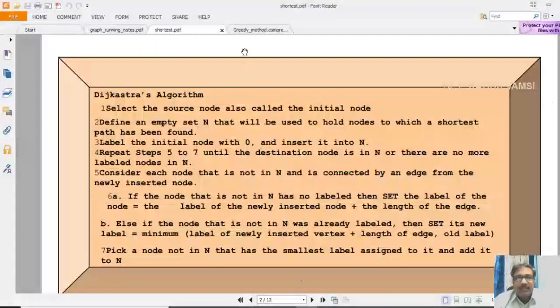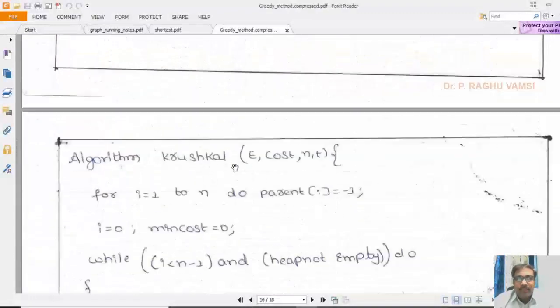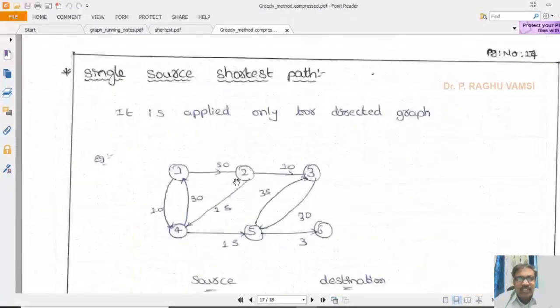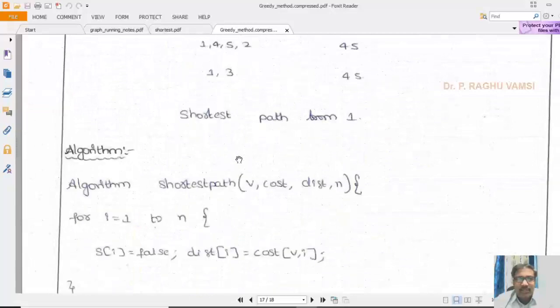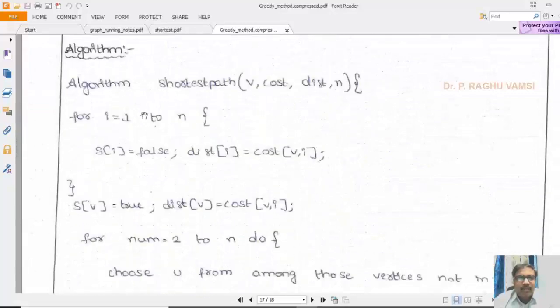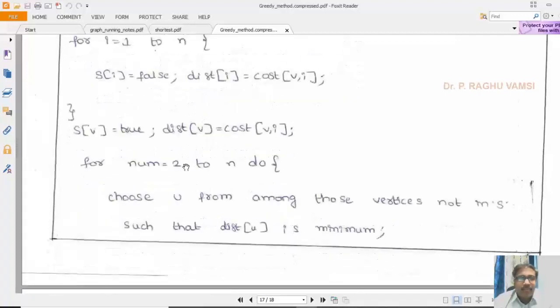This is just like the single source shortest path algorithm that we have discussed in the previous lecture. The algorithm ShortestPath takes v, cost, distance, n: v is the vertices, cost is the cost matrix, distance is the distance matrix, and n is the number of vertices. For i equals 1 to n, first you initialize the matrices, distance equals cost of (v, i).